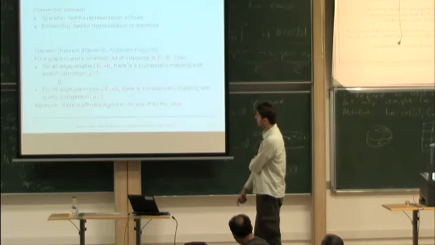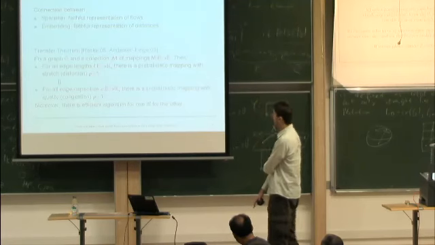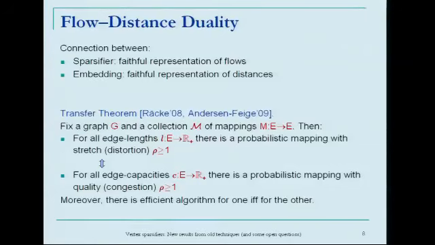So there's this beautiful theorem, which I'm going to call the transfer theorem, proved initially by Räcke, and then refined, and the general version was crystallized by Andersen and Feige. So here is the theorem. I haven't defined everything, so we'll do that later, just to get a sense of the duality between these two objects.